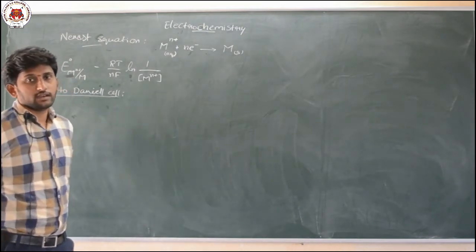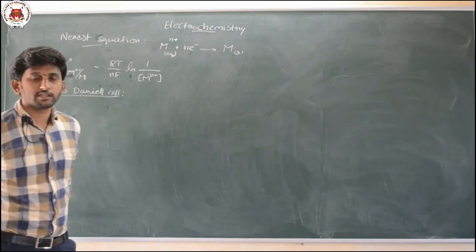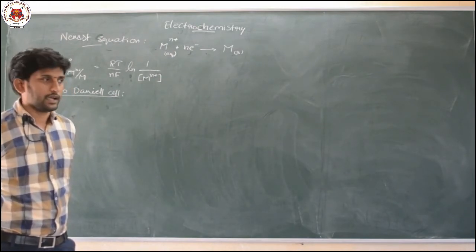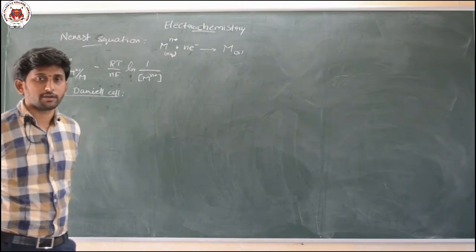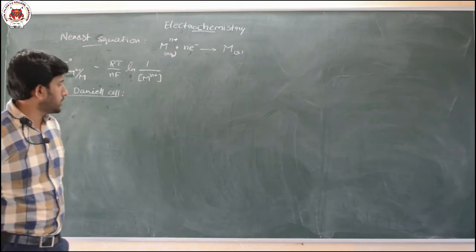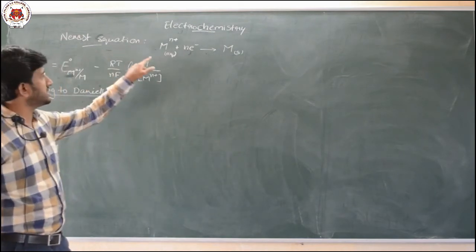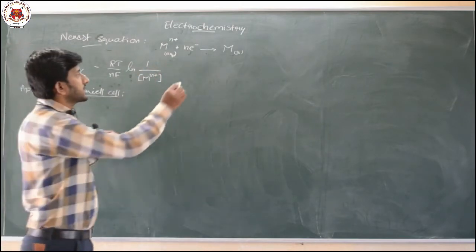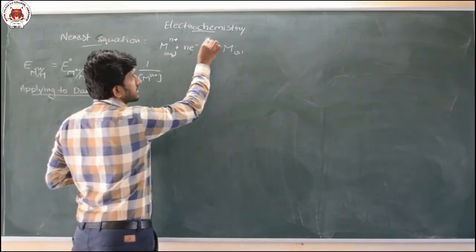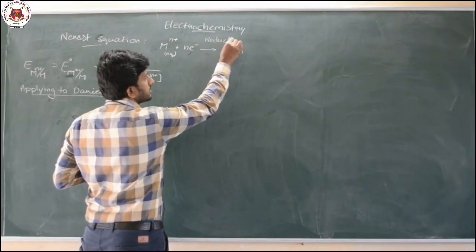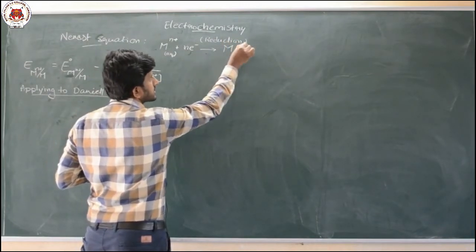One is the zinc redox couple, that is zinc dipped in zinc sulfate solution. The other one is the copper redox couple, a copper rod dipped in copper sulfate solution, right. Now we are considering the reduction reaction here.